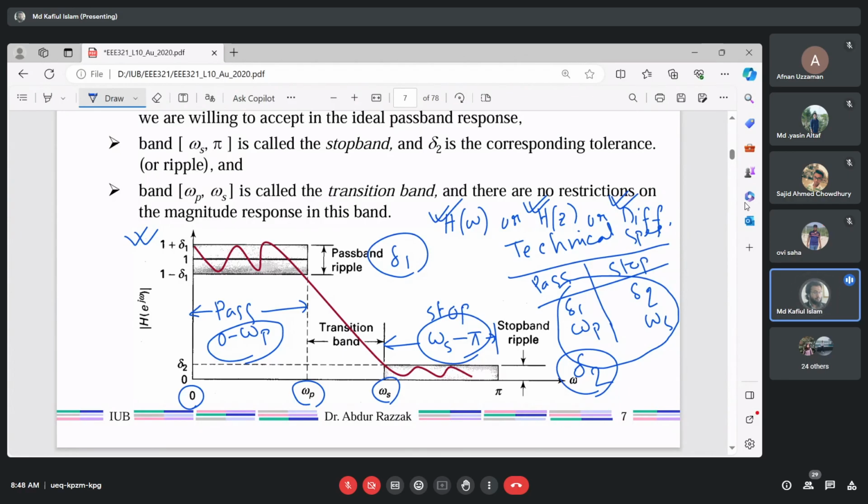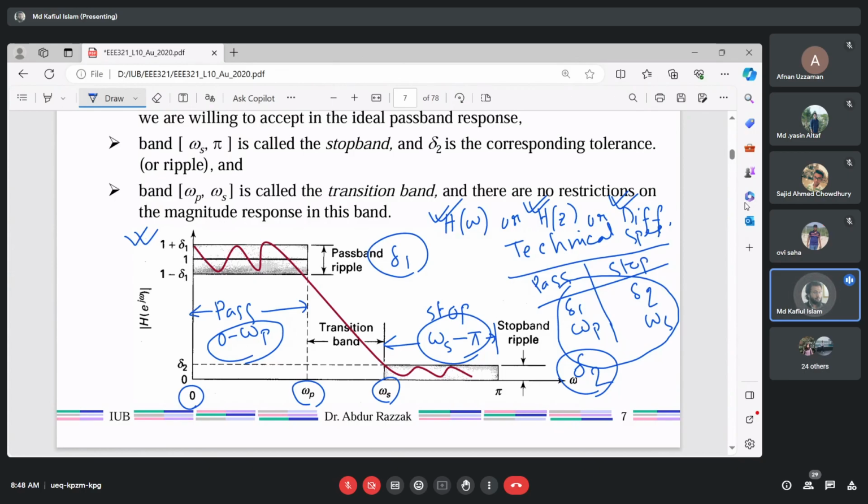Now obviously, no one is going to give you these technical specifications directly, because if you are required to design something, you have to find out the required technical specification by yourself. And then based on that technical specification, you have to design that filter. It's not that easy that it is ready-made available. If the technical specification is readily available, then anyone can use a software tool to feed those values and design a filter.